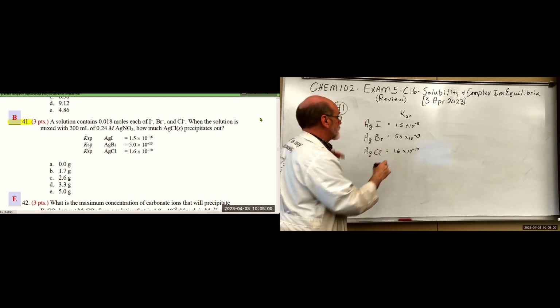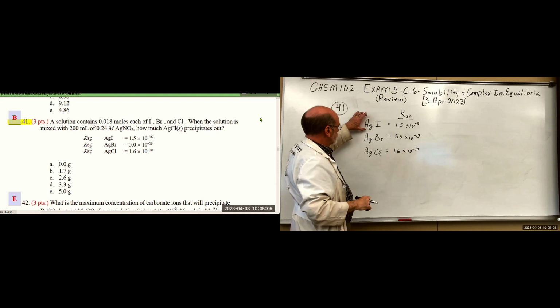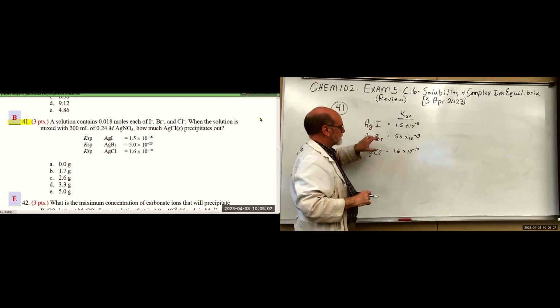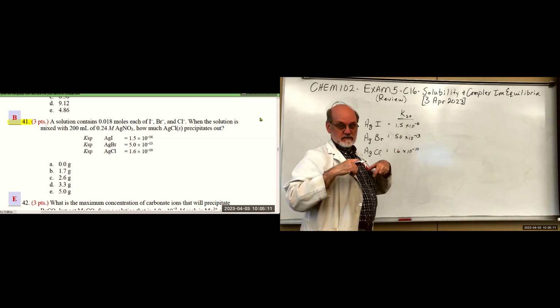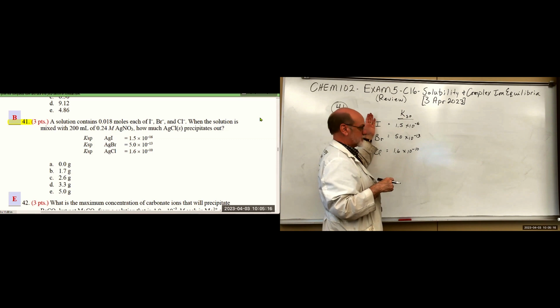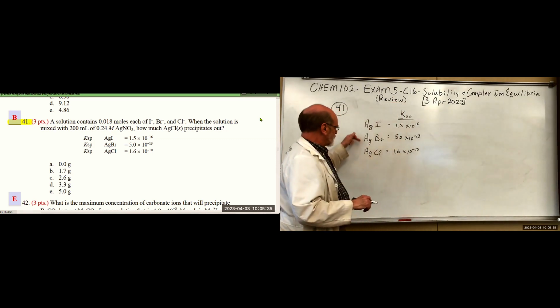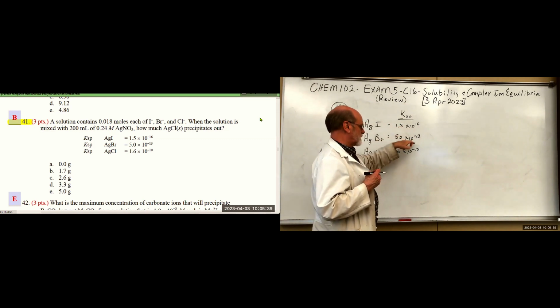Okay, here's a place where we can compare the KSPs. Since these are identical, X, Y, X, Y, X, Y, this is the order that they will precipitate as you add silver to these solutions. You can compare their solubilities by the KSPs.